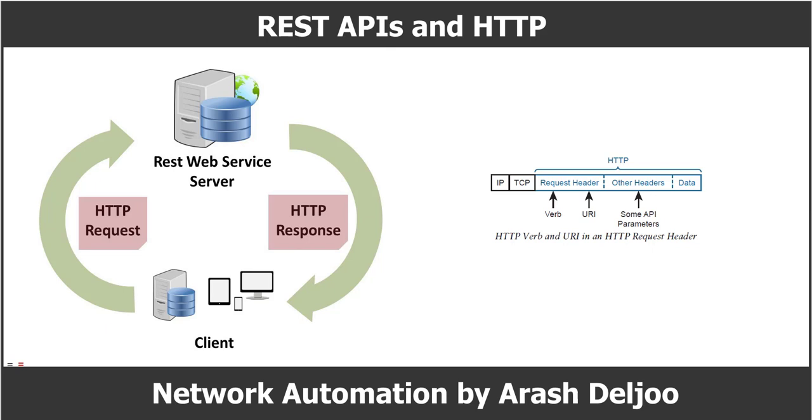First, let me explain a little about HTTP. After that, we can talk about the relation between HTTP and REST APIs. HTTP defines the concept of an HTTP request and reply, with the client sending a request and the server answering back with a reply.